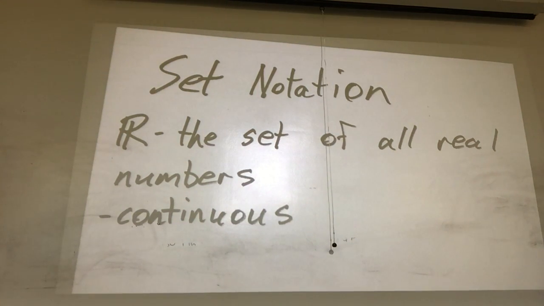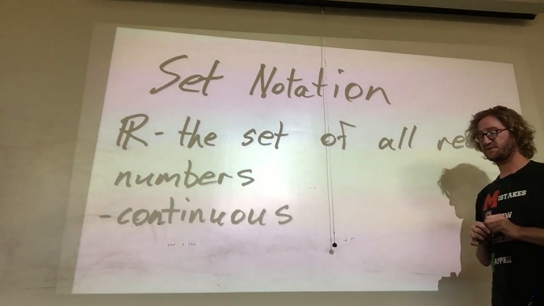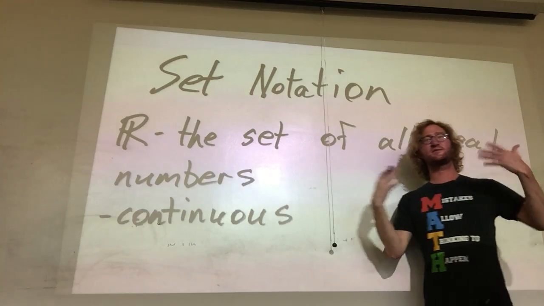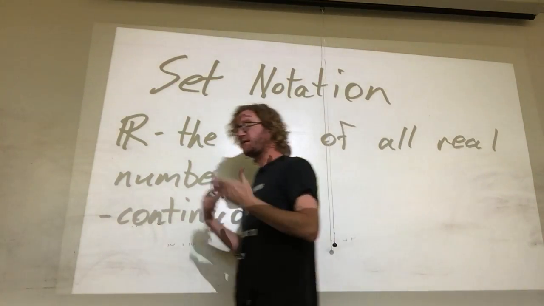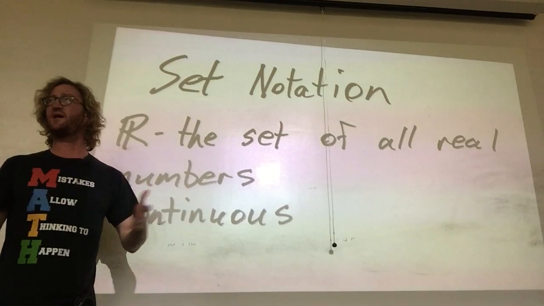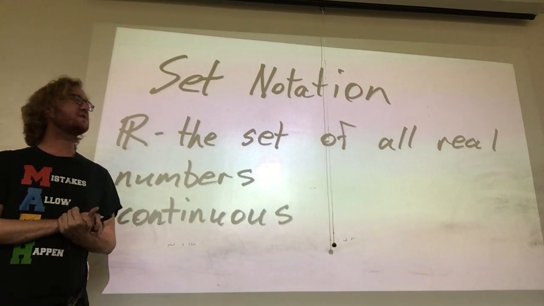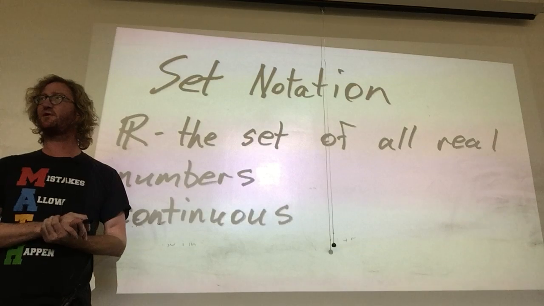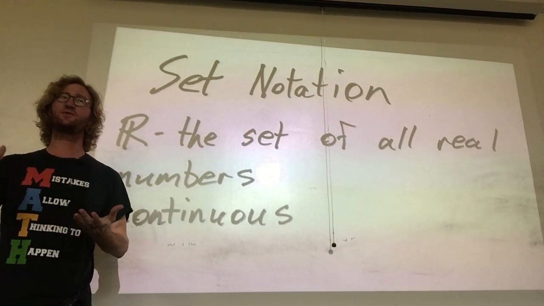Okay. And so what do we mean by a set being continuous? This class is discrete math, so a big concept in discrete math is the difference between the continuous and the discrete. If we talk about the set of all real numbers, we can't divide it into a discrete sequence.